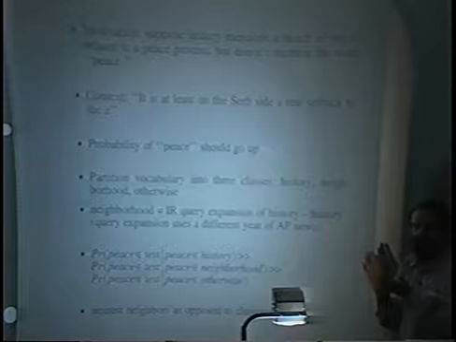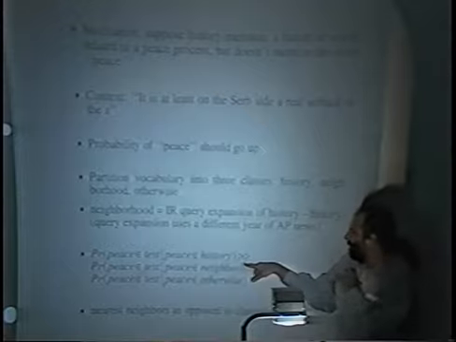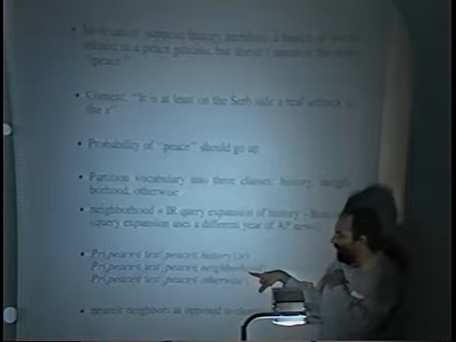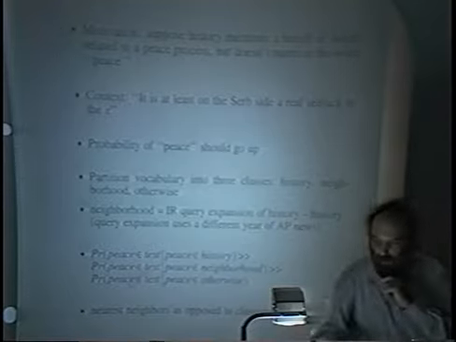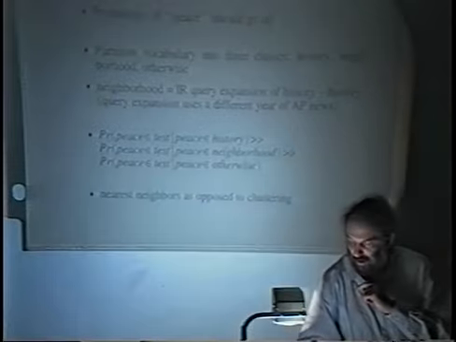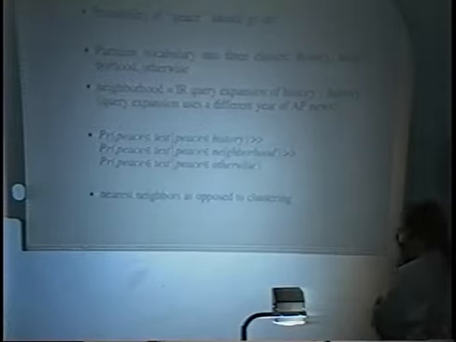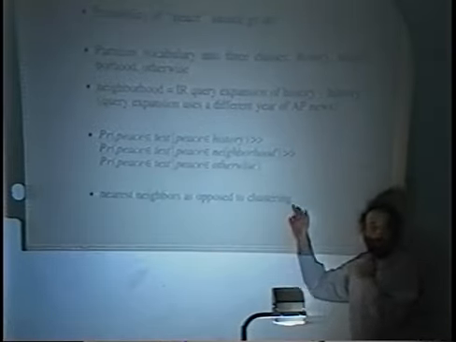Because the intuition I've got here is that being in the history is better than being near the history, which is better than being neither, all right? And unlike the work that was done here, I'm going to be using nearest neighbors as opposed to some kind of clustering.